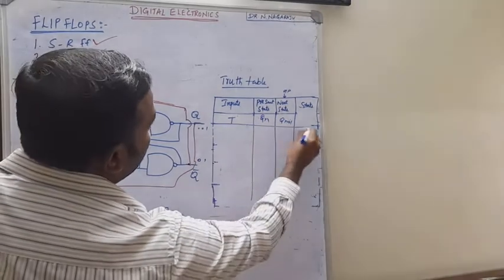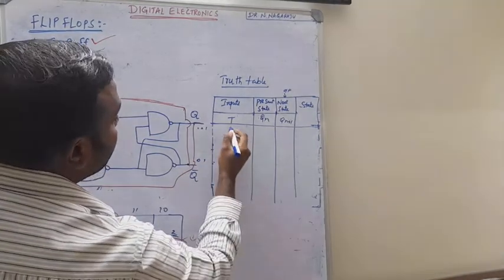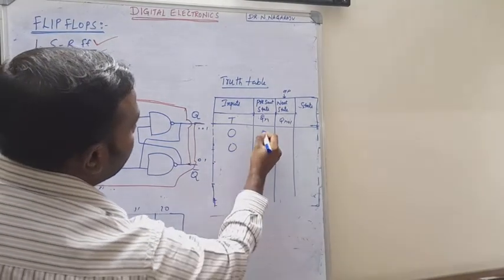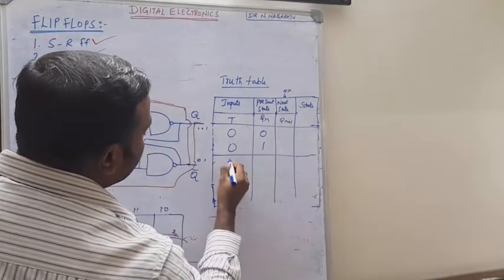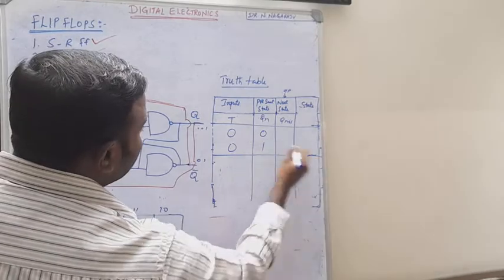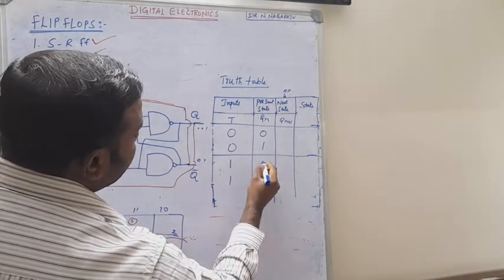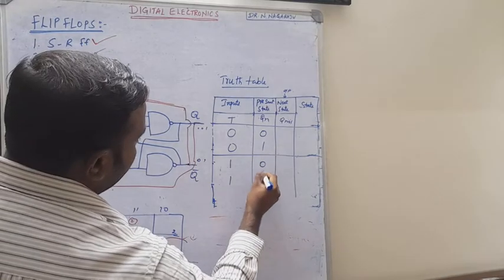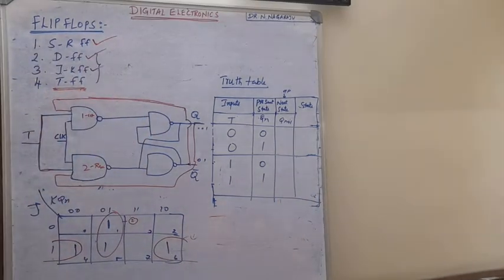Here the input is only one variable, so I use 0, 0 for excitation 0, 1, and similarly 1, 1 and 0, 1. So this is the basic truth table for the T flip flop.